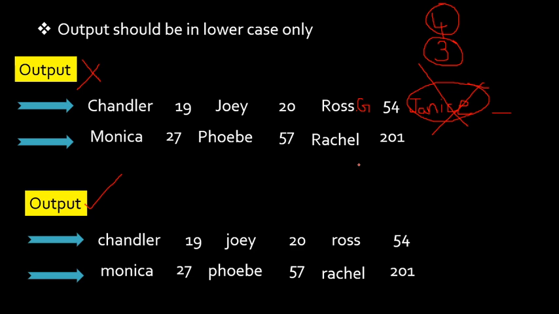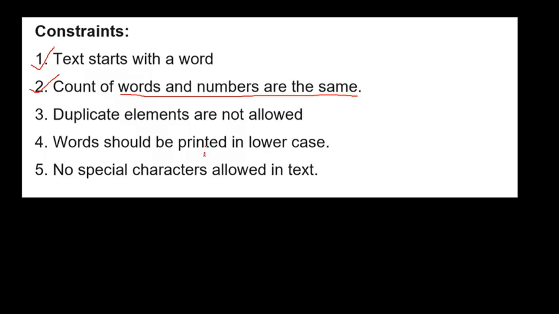So to avoid all these confusions, they have said duplicate elements are not allowed. So every element will be a unique element. This point is understood. And what is the next one? Words should be printed in lowercase. We know this already, right? Your input might be in upper or lowercase, but when you print them only in lowercase.